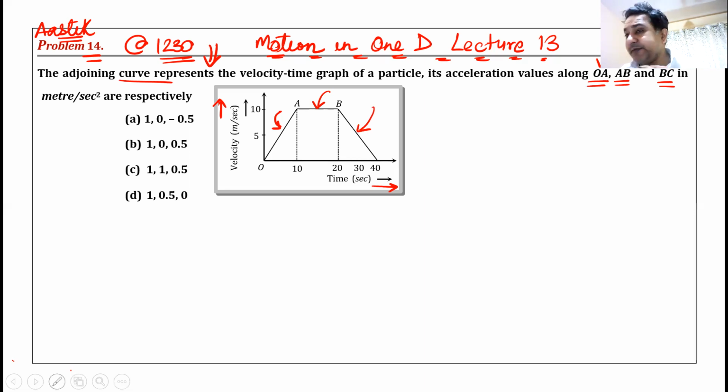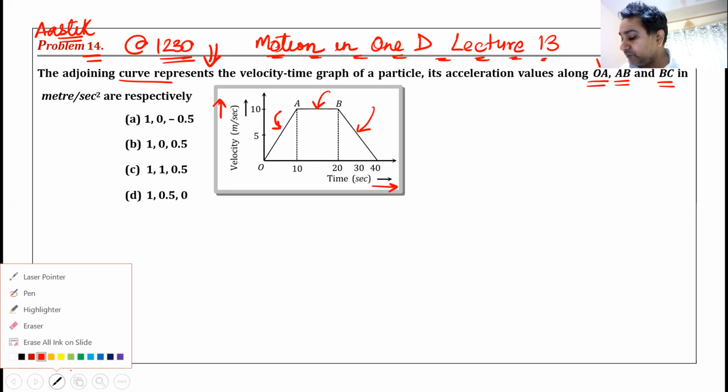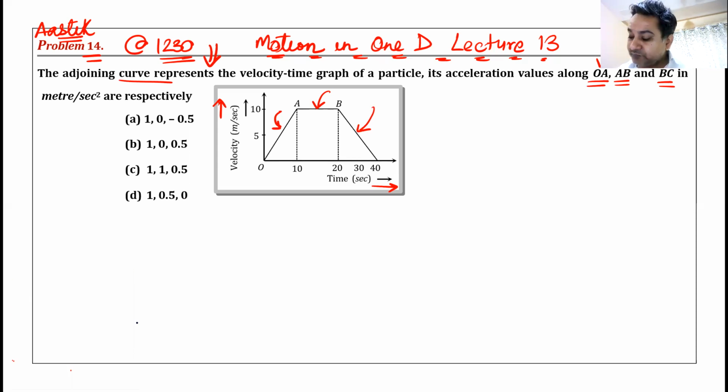Can I have some answers? Will you be able to tell me how to do this? Anyone has any idea how to do this? How are we going to solve questions of this type? We have already seen how to do it.